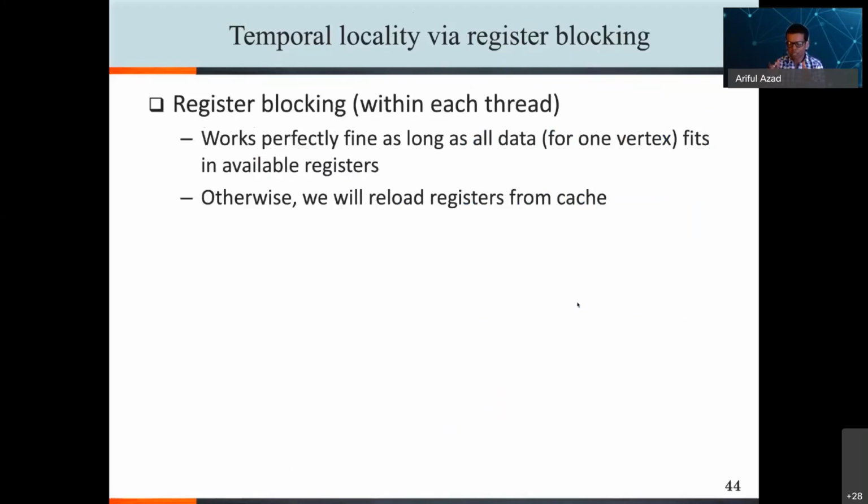Register blocking is done within each thread, and it works perfectly fine as long as all data fits in registers. When I say all data, I mean only neighboring information for a given vertex. If we can store the embedding of that vertex and the output and some part of the neighbors, that is enough. And in many cases, we can do that.